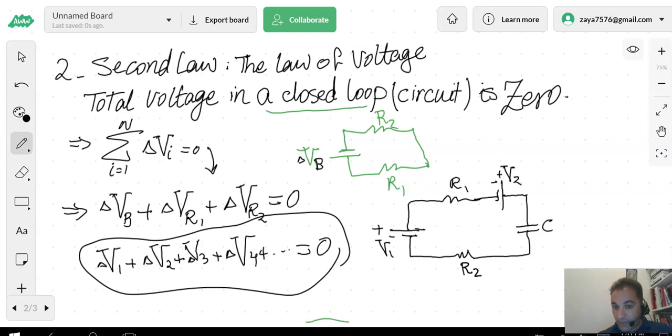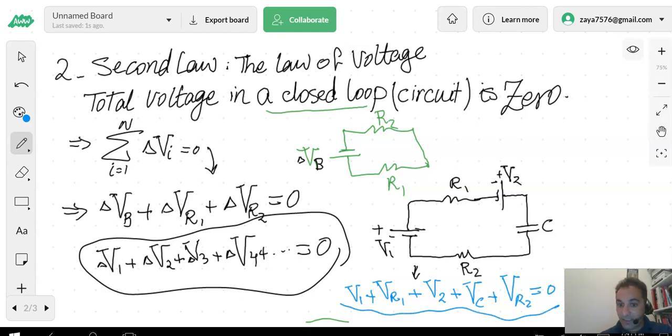So for this picture, I can get this. Voltage for first battery plus voltage of resistor 1 plus voltage of second battery, plus voltage of capacitor plus voltage of resistor 2 is equal what? 0.